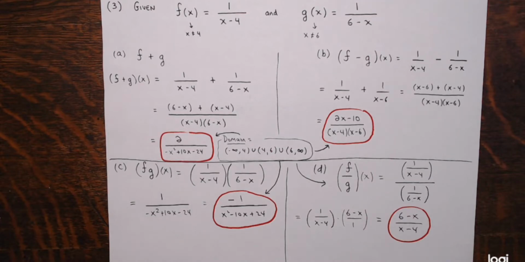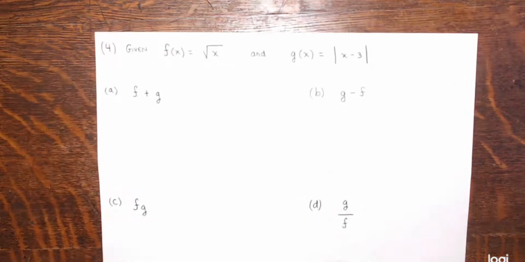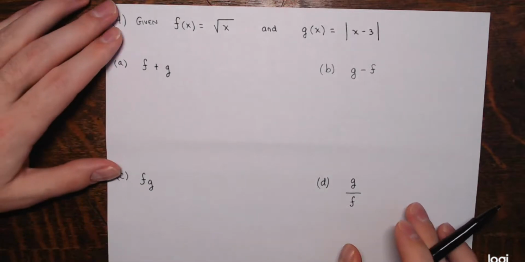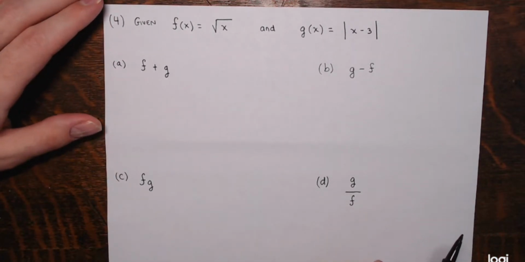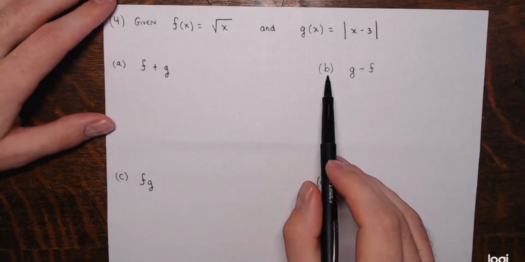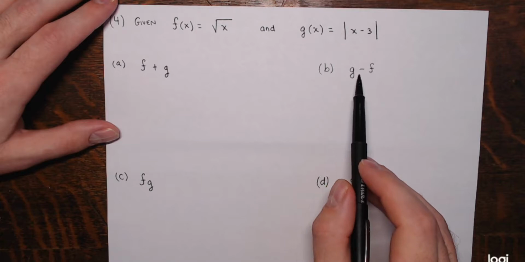Great. And now I've got one final page, one final example with the same. Now look at this. Remember I said the subtraction and division, you got to pay attention. See how in part B, instead of doing f minus g, now I'm doing g minus f. Right?